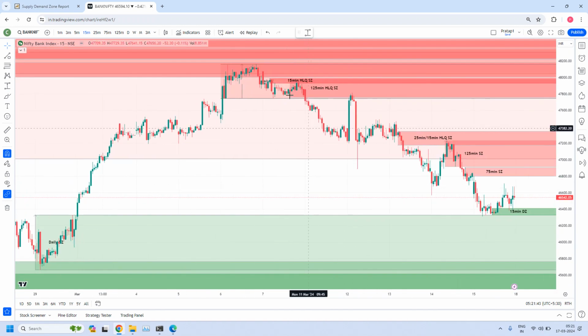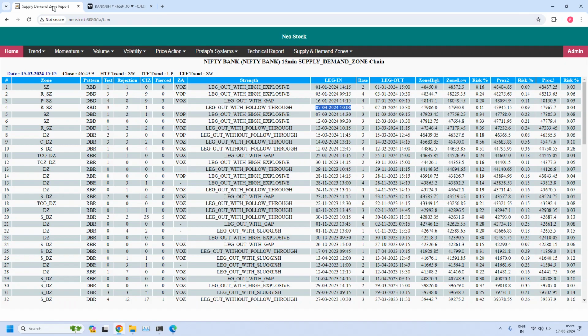Last week when we analyzed, we didn't see such kind of scenarios. But this week, institutions did everything they are supposed to do. This is the one, and the last high liquidity supply zone is 15 minutes.